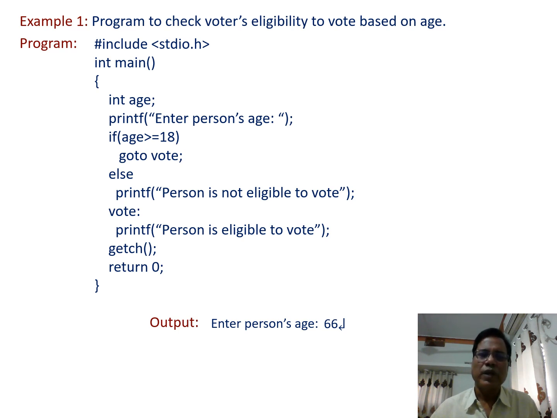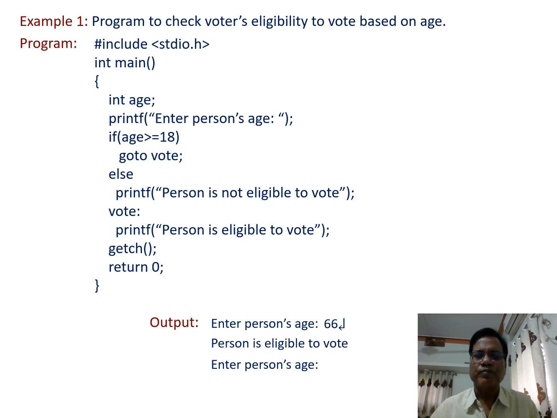When true, the if block of the if else statement is executed, and in this if block the statement goto out is there. So control is transferred to the out label in the program. At this place the instruction is to print a person is eligible to vote. This message is printed on the output screen, so we get: the person is eligible to vote.